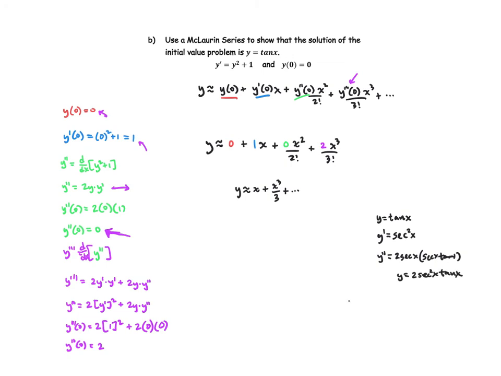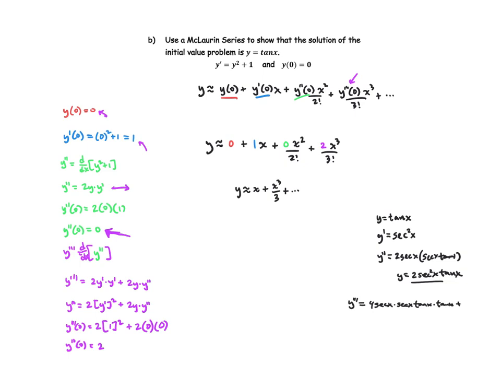Okay, so I'm going to use the product rule and the chain rule to find the third derivative. The derivative of 2 secant squared x is going to be very similar to the second derivative itself, but that'll be 4 secant x times secant x tangent x. So that is the derivative of 2 secant squared x. I leave the second alone, which will be tan x.